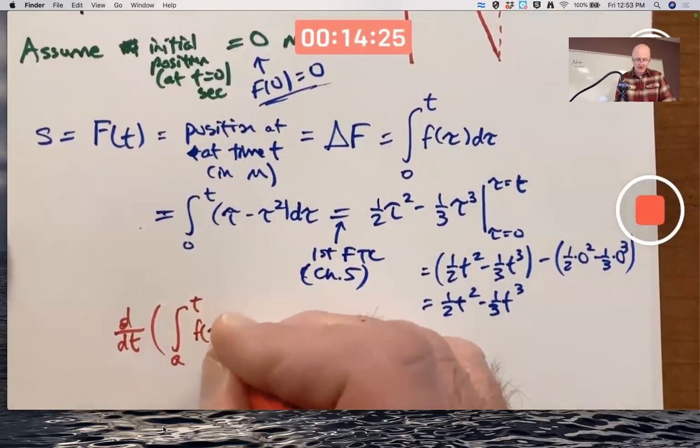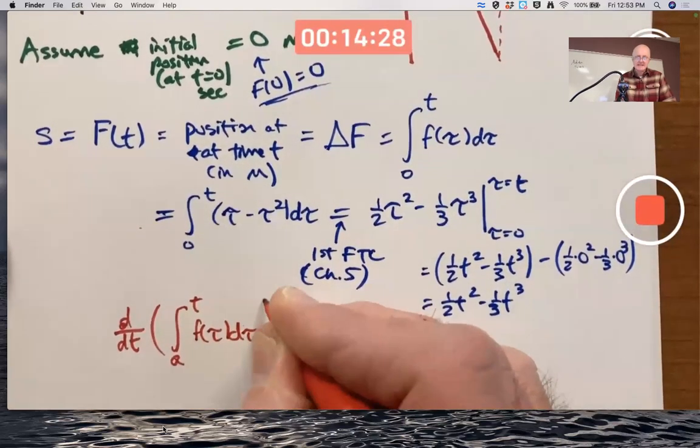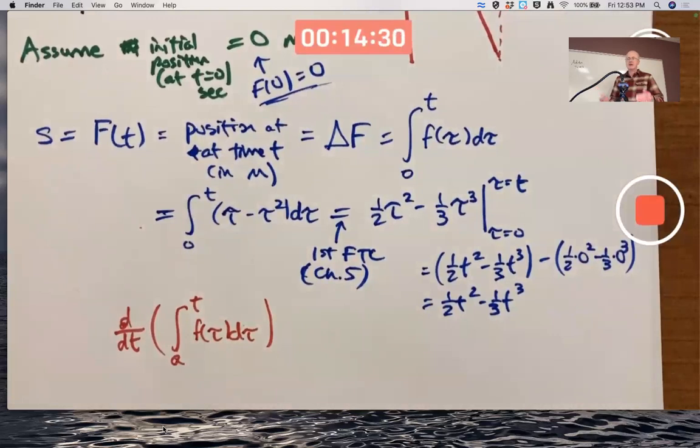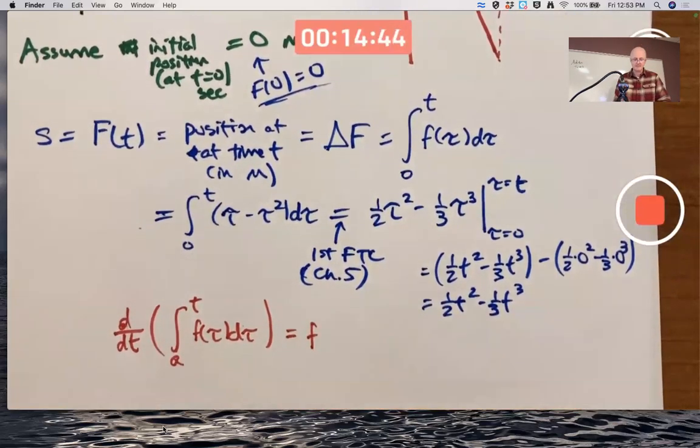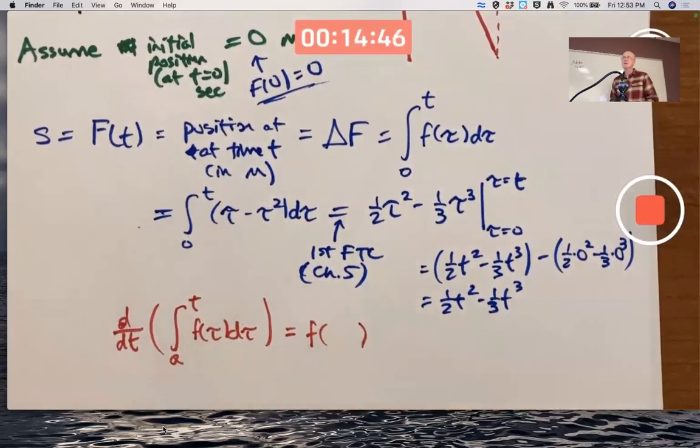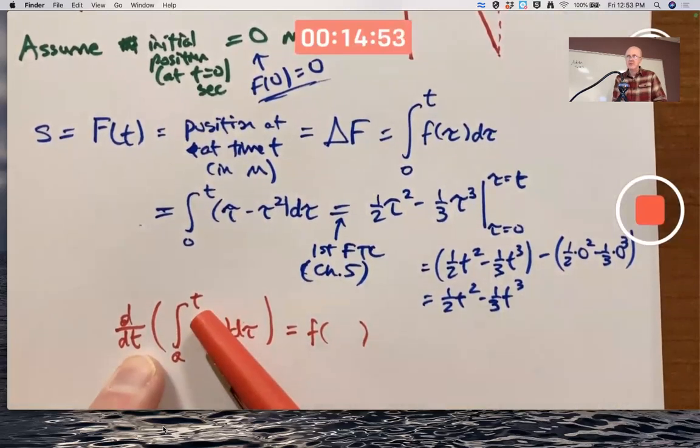Little f of tau d tau, say, it's like the d dt and the integral sign cancel. Poof, by magic, they're gone. It's not magic, but it feels like magic. And you're left with the little f function. But do not call its variable tau. You want it to match these two variables that match each other, t.